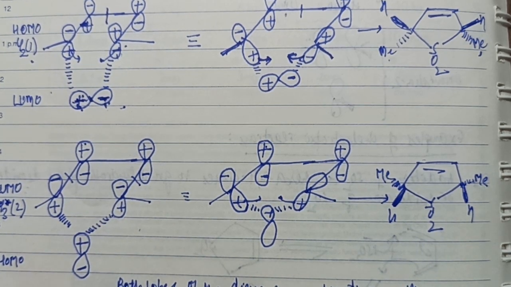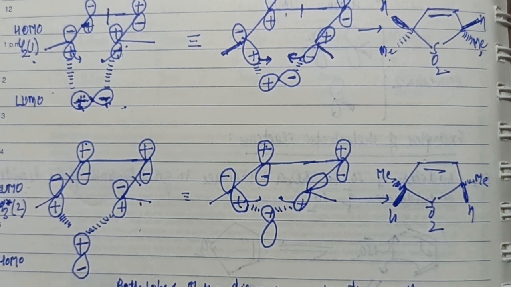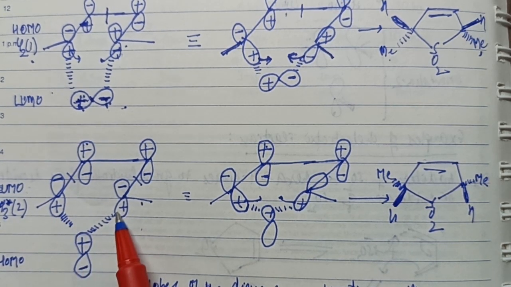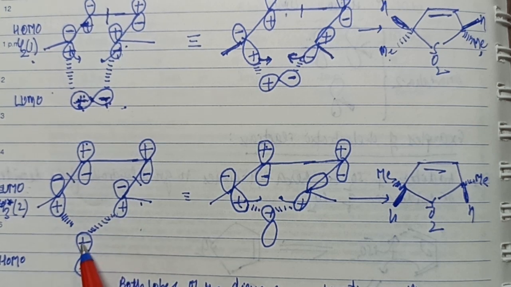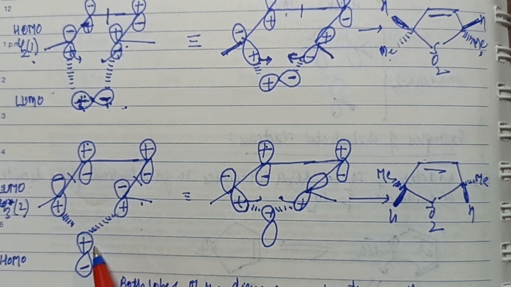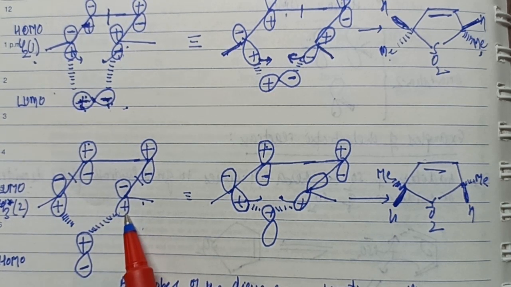Now, drawing the HOMO for sulfur dioxide or for carbene is always simple, in that while drawing the HOMO for the carbene or sulfur dioxide in the case of linear approach, the p lobe directly faces the lobes of the diene. This is the representation. Now, my orbital picture is such that the lower face has both plus signs, this face has plus sign. So if you can see, the bonding interaction is achieved if the diene's same face adds, that means the diene is adding in a suprafacial manner.